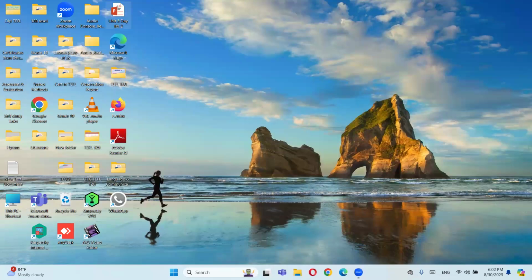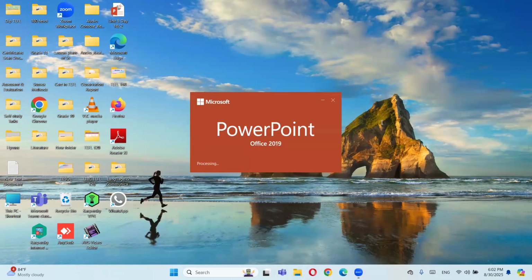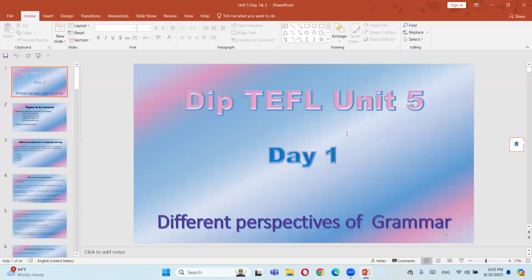Unit 5 is all about the different perspectives of grammar. We are not talking about how to teach grammar over here. It focuses on the different attitudes or maybe the different views that were held regarding grammar from time to time.